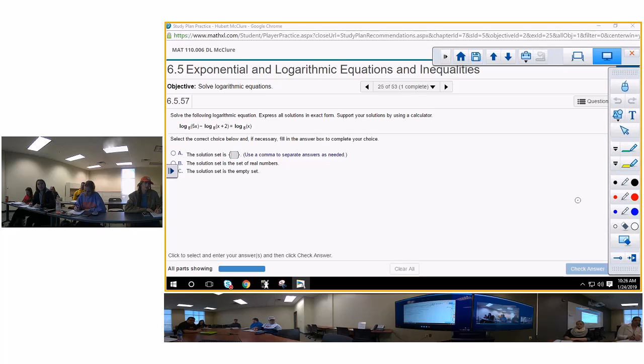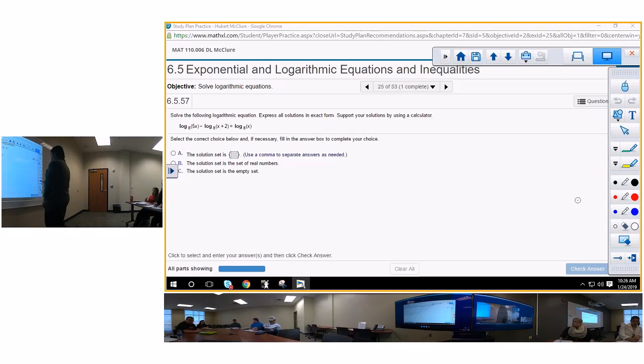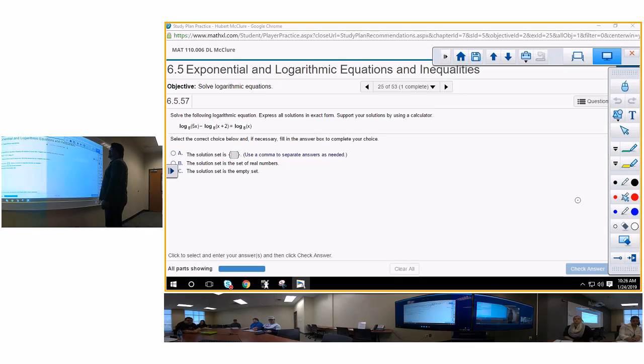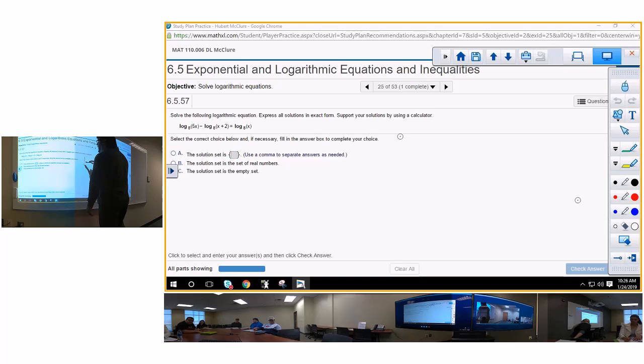And this is a test question. This is the kind of question I would ask you to do as far as solving a logarithmic equation. Now, the reason I said that needed to be 6 is because most of your questions are going to be the same what? The same base. Most of them, except some that you pull off the internet.